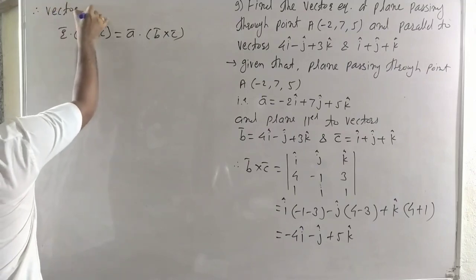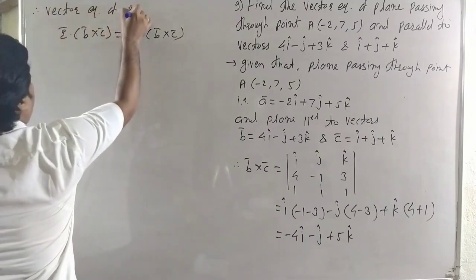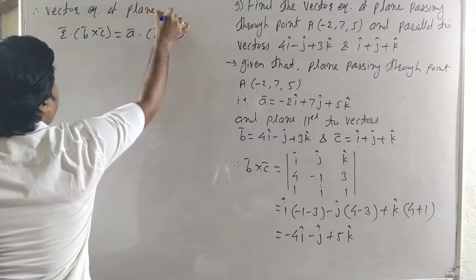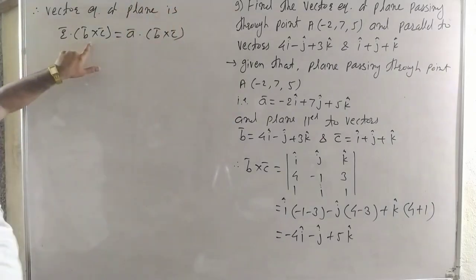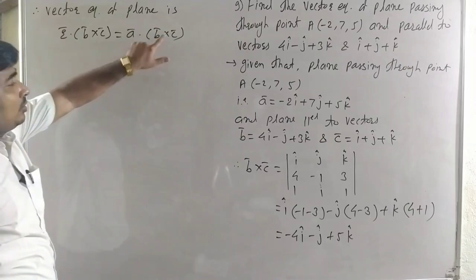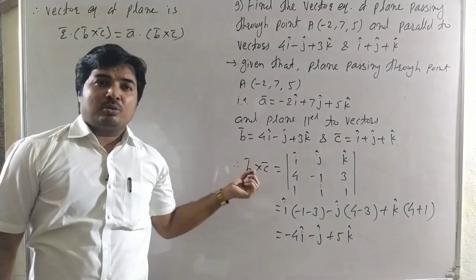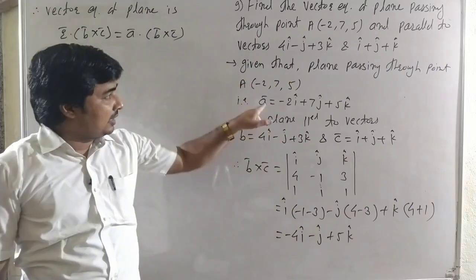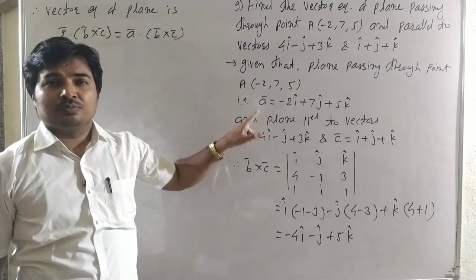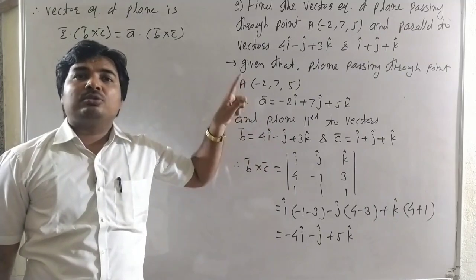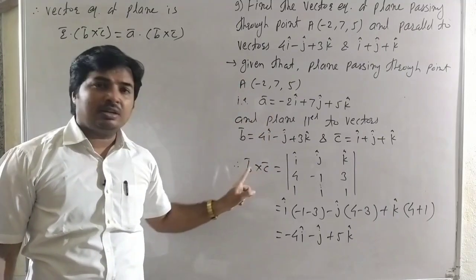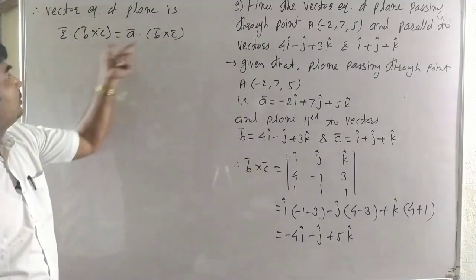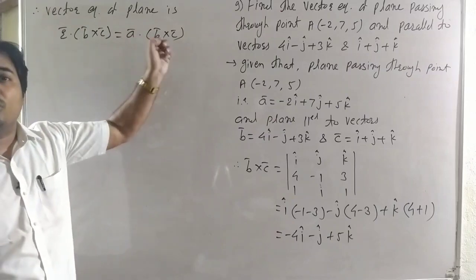Therefore the vector equation of plane is r bar dot b bar cross c bar is equal to a bar dot b bar cross c bar. That means the equation of plane is r bar dot n bar is equal to a bar dot n bar. A bar is the passing point and n bar is the perpendicular vector to the plane, which is b bar cross c bar. So here we only replace n bar by b bar cross c bar.